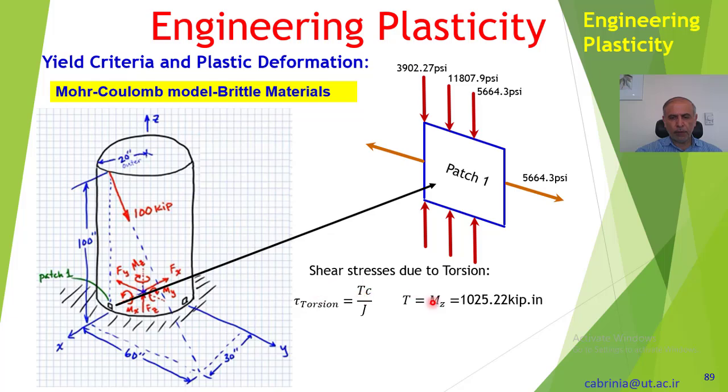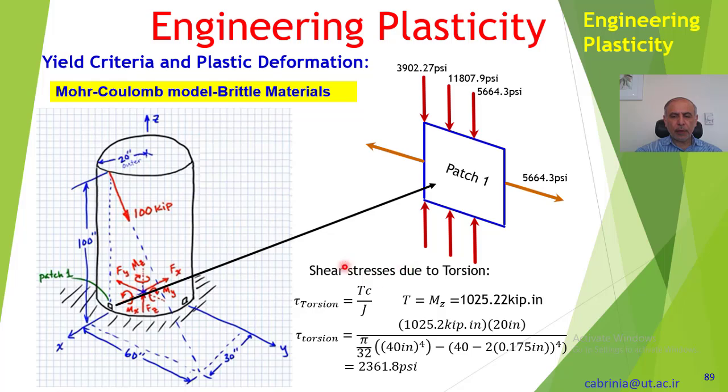Here the torque is Mz, because the torsion is caused by such torques or moments like Mz, so the torque Mz is 1025.22 kip-inch, which we obtained in previous slides, and therefore we substitute here for Tc over J, where J is pi d to the fourth over 32 for the circular section.